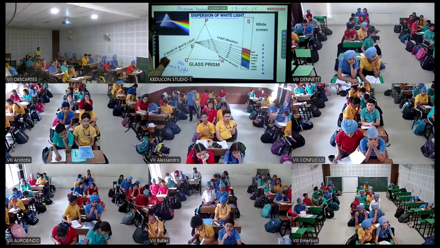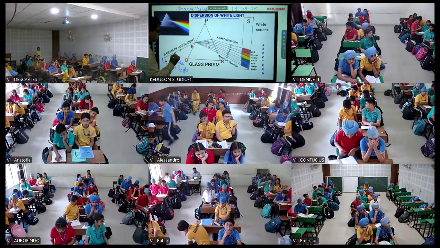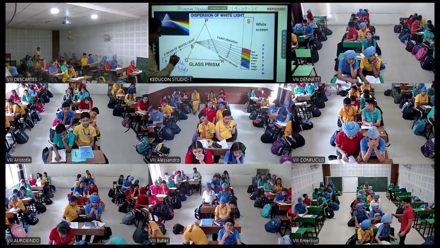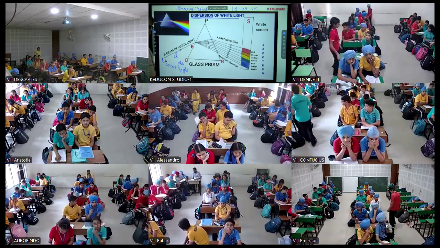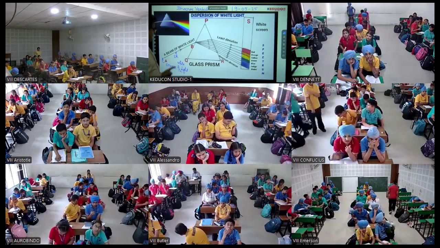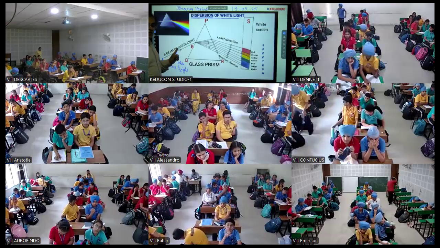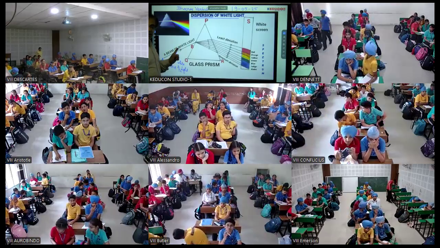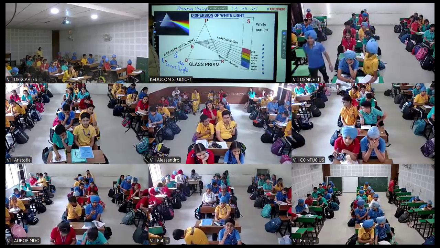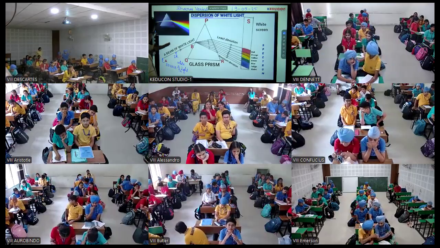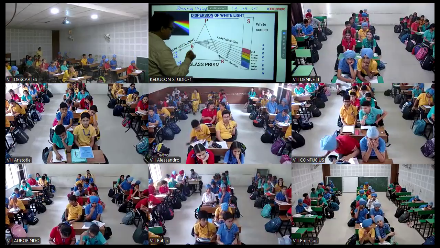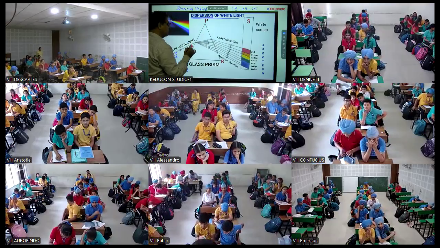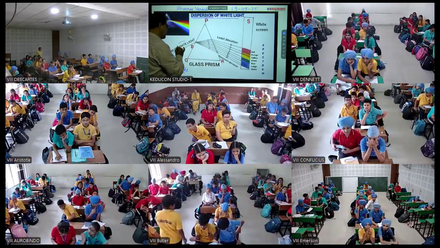That means this incident ray should necessarily be the white light incident ray. Correct? Any other colored light will not serve the purpose here. It is necessary that the incident ray falling on the edge of the prism should be white in color.